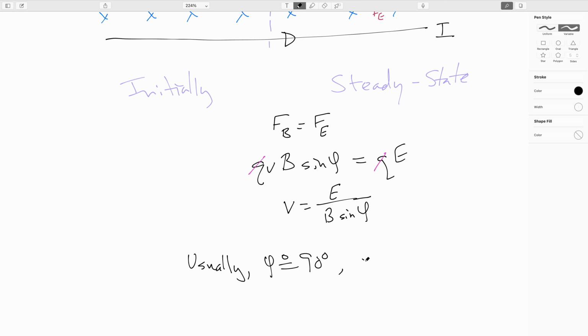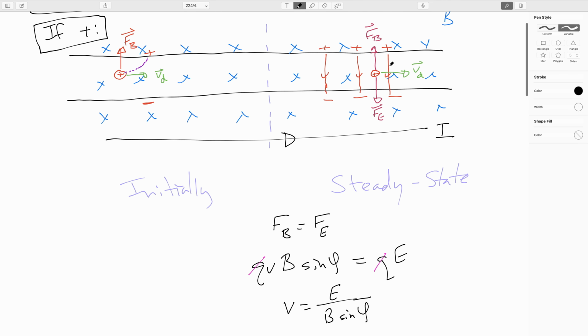And you would have v equals E over B. And this kind of arrangement gets called a velocity selector, because only particles that are moving at this exact speed will pass through straight.